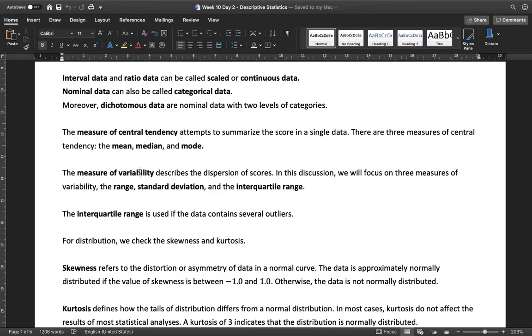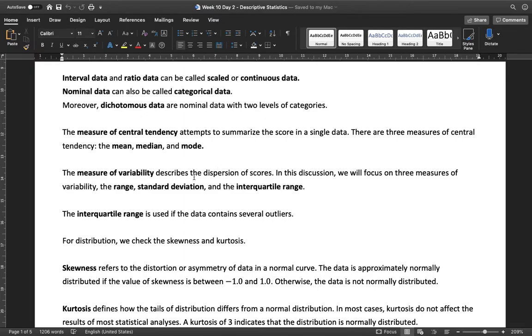Pag mas maliit ang measure of variability natin, mas mataas ang chances na lagi mas malapit. Mas consistent na ang nakukuha natin laging malapit dun sa mean. Kapag malaki ang measure of variability, mas malaking range na pwede natin makuhanan. Mas maliit ang chances na malapit yung makukuha natin score dun sa mean. Okay? So, ganun ang dispersion ng scores. It measures consistency. How consistent is that group in having a score that is close to the mean.